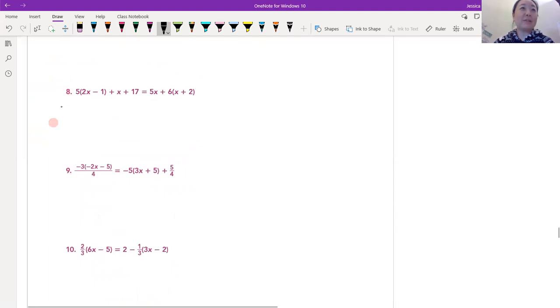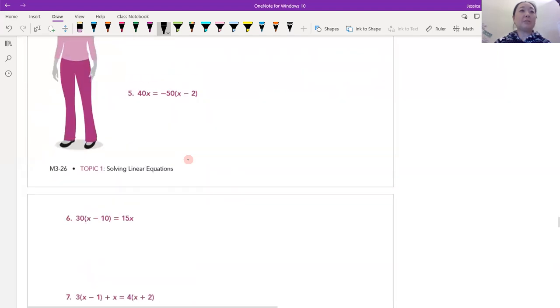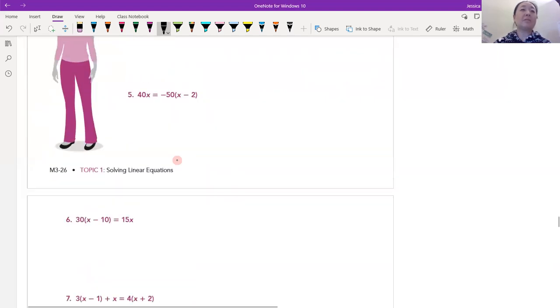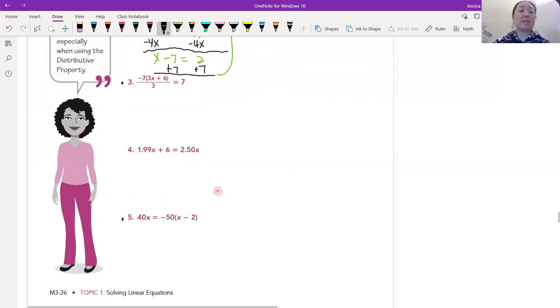We did one that's similar to number 8, but we'll do number 9, which is kind of like the challenge problem, right? So we'll do number 9. And then let's do number 5, just to make it interesting.